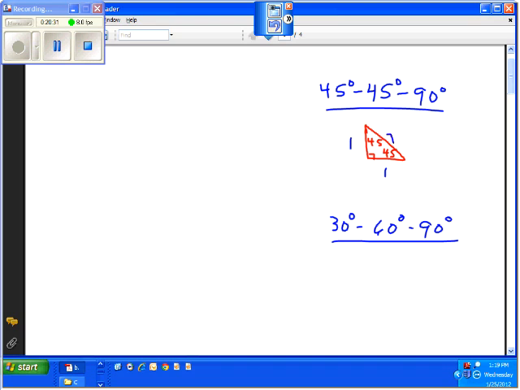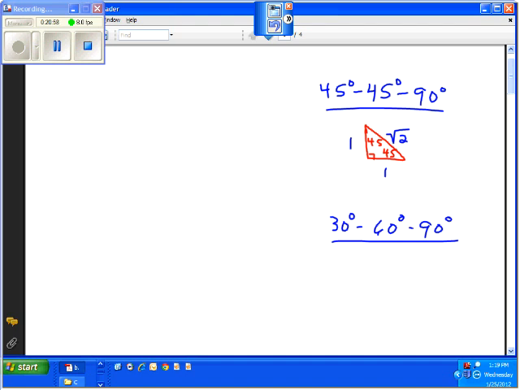And the length of the hypotenuse is equal to the length of a leg times the square root of 2. You may have seen that as x and x square root of 2. If you look in your trig book on page 287 at the top, you will see y and y square root 2. I'm just going to leave it 1, 1, and square root 2.